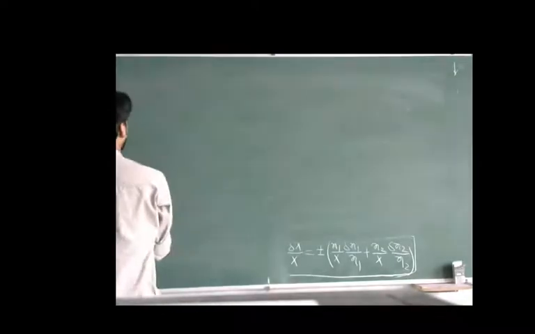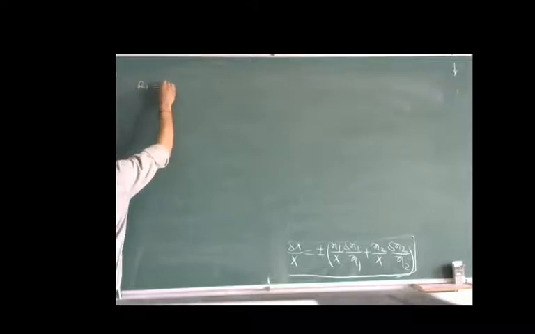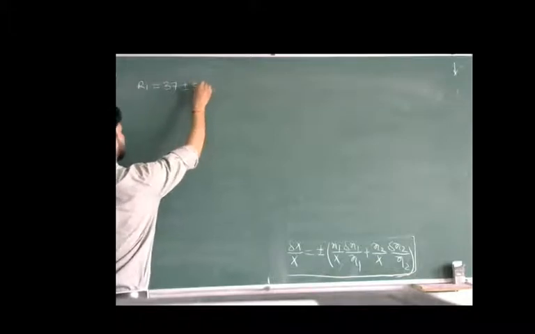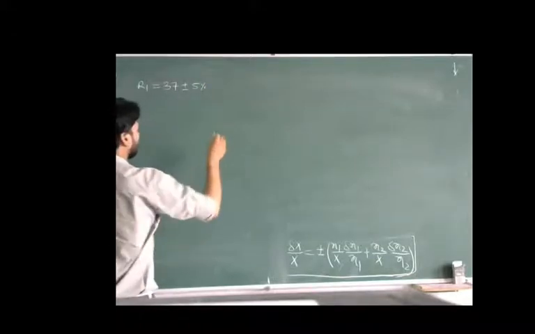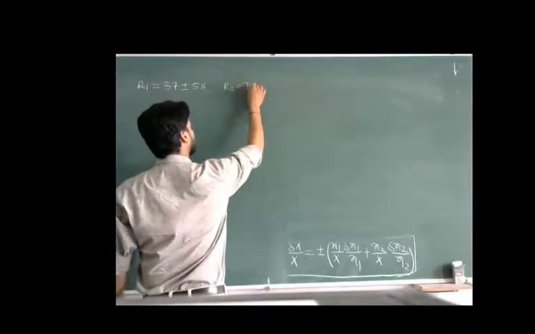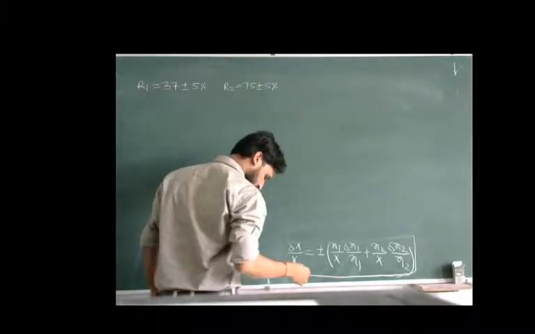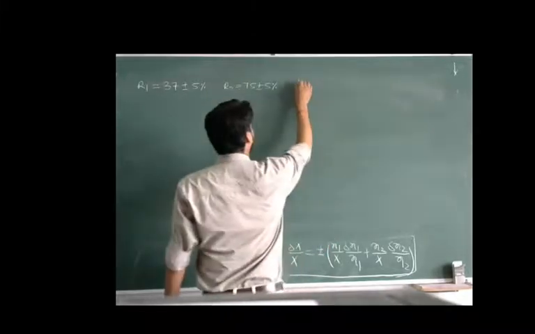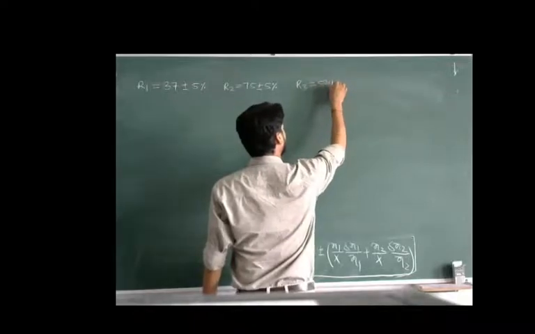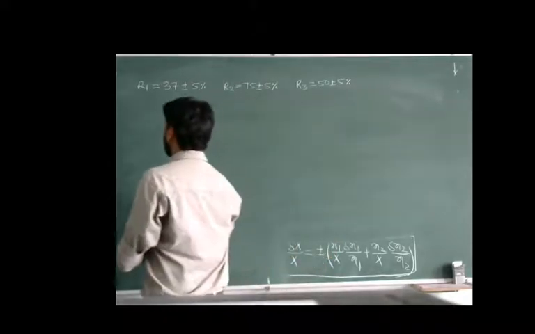Suppose there are three resistances. R1 is equal to 37 plus minus 5%. R2 is equal to 75 plus minus 5%. R3 is equal to 50 plus minus 5%.